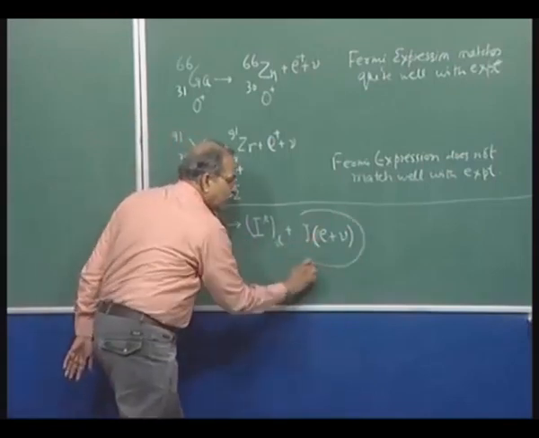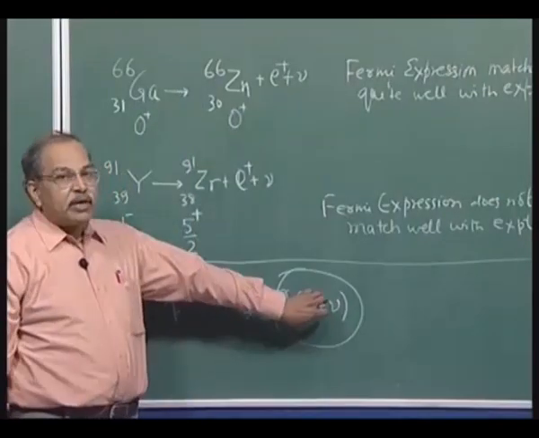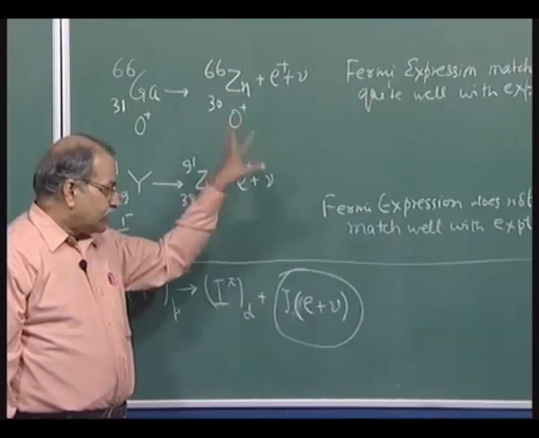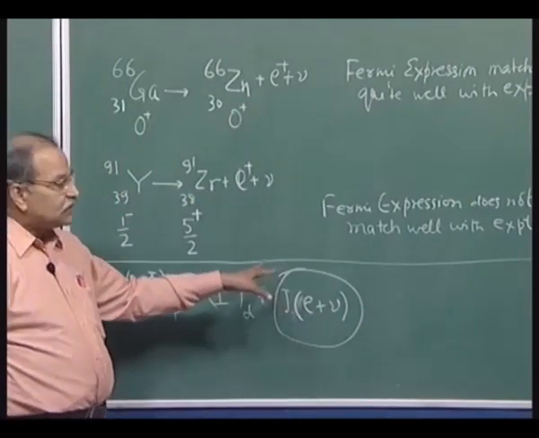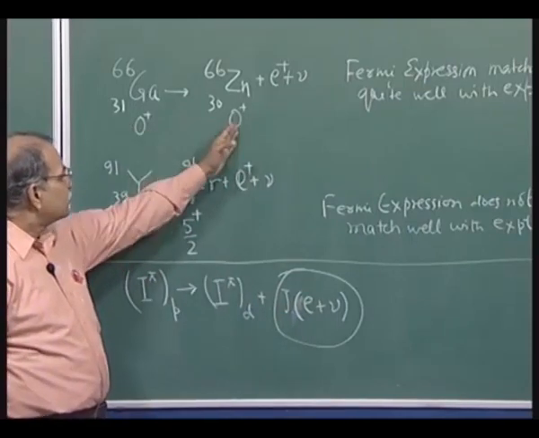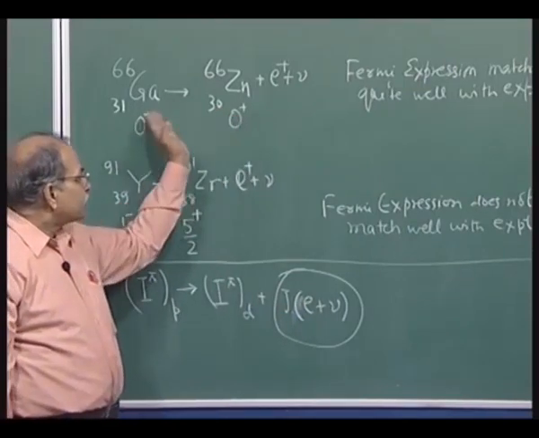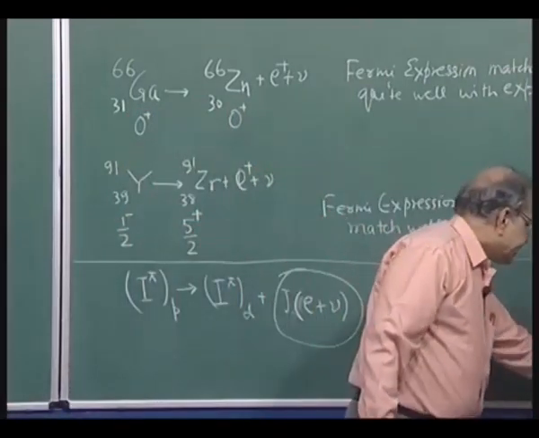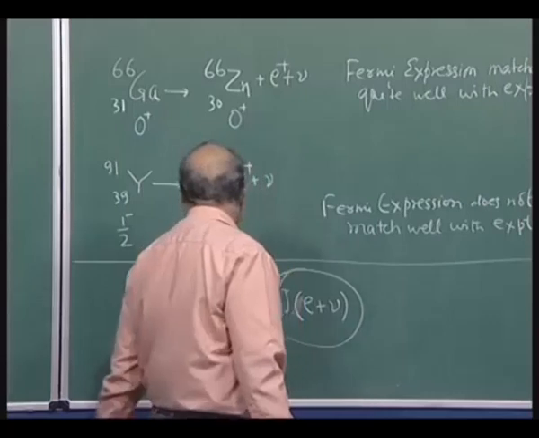So, these outgoing particles can also carry angular momentum, and that makes all the difference. Now, this particular class 0 plus to 0 plus, there are other decays also in which the angular momentum taken away is 0.